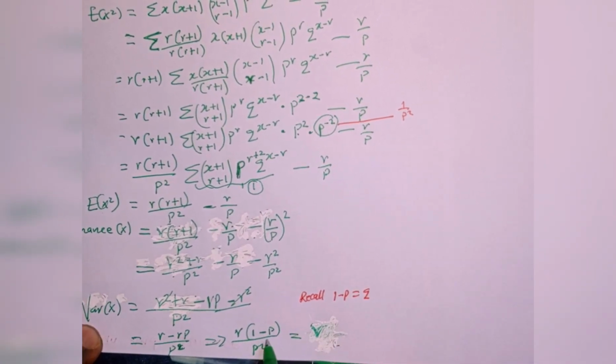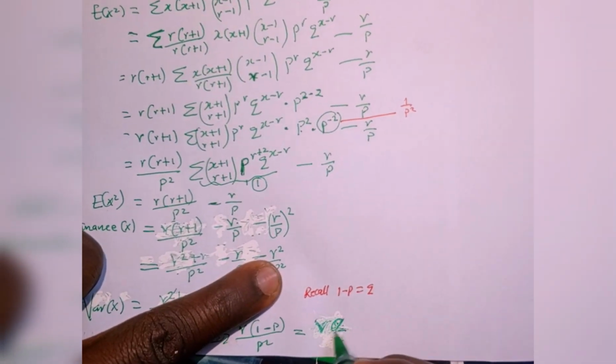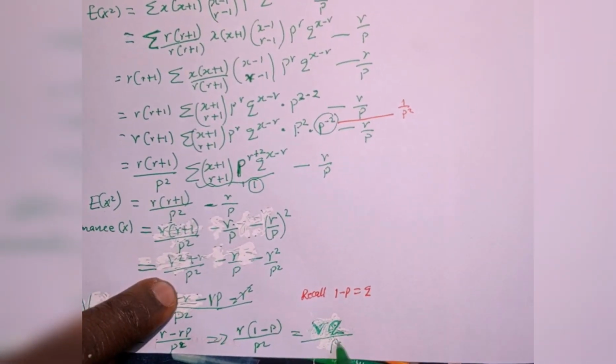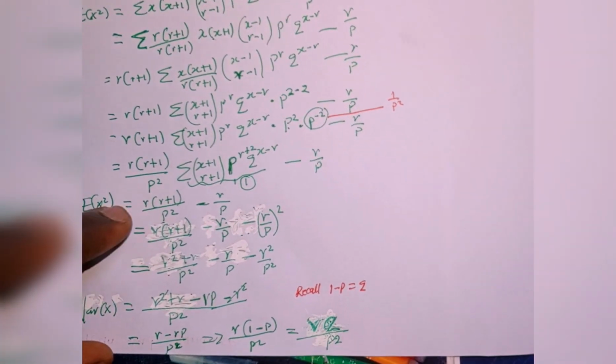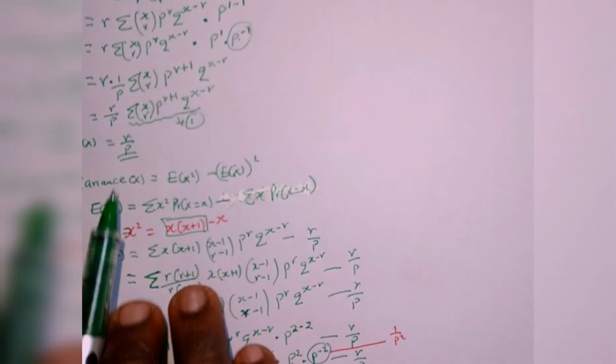So in place of 1 minus p, we replace q, then everything all over p square. So rq over p square is the variance of a negative binomial, and the mean is given as r over p.